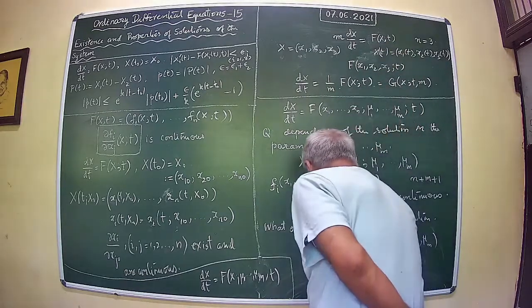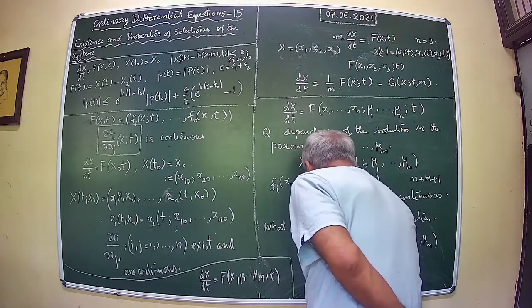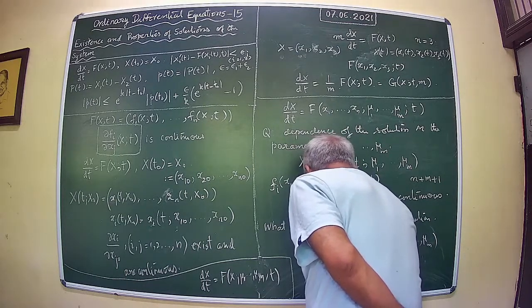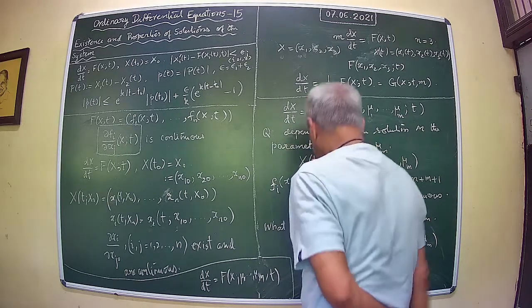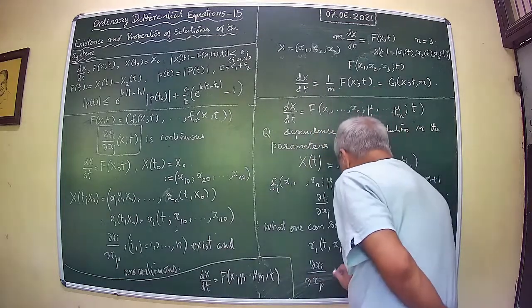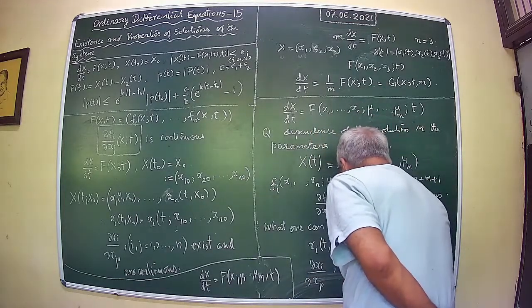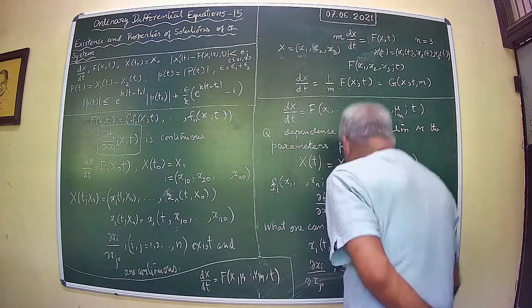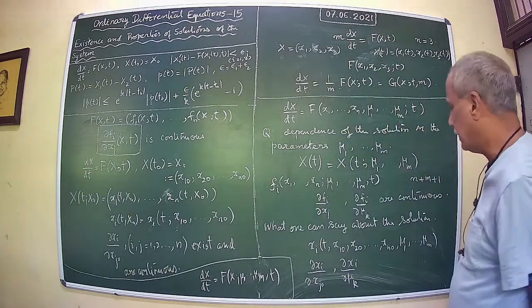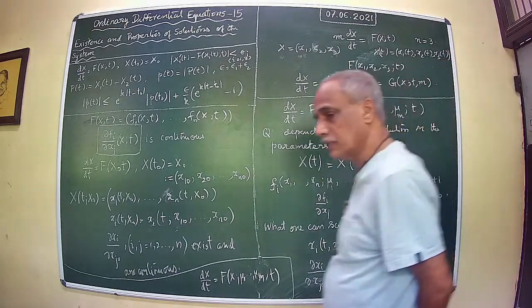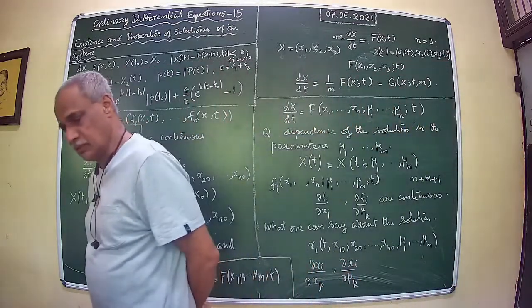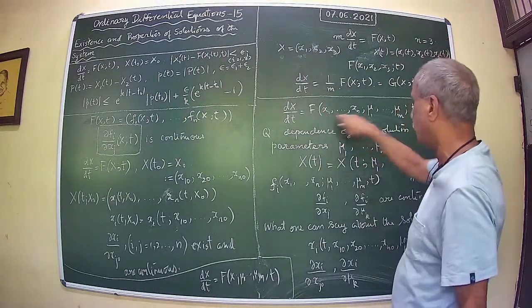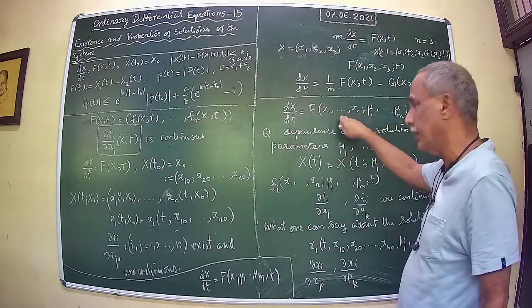For example, dxi by dx_j naught, dxi by d mu_j mu_k, and so on are continuous.